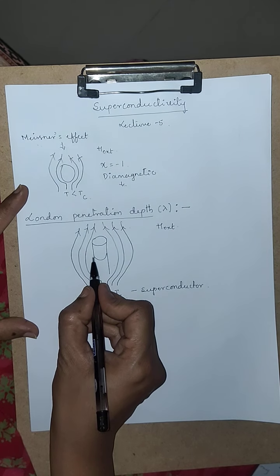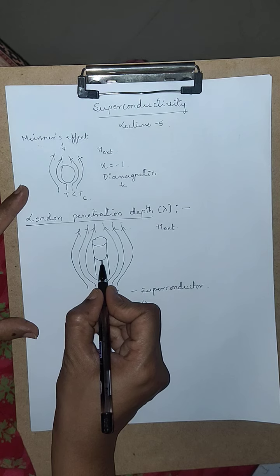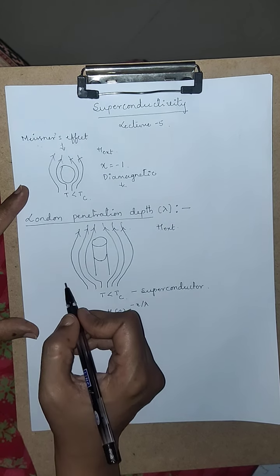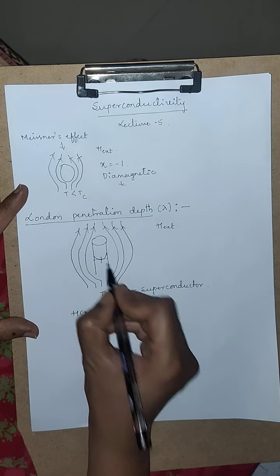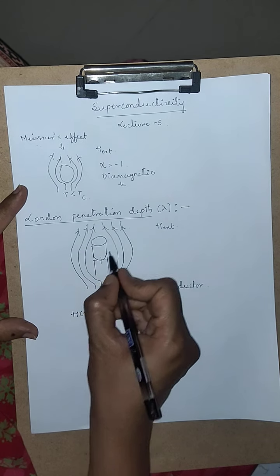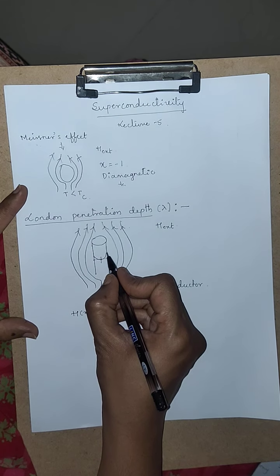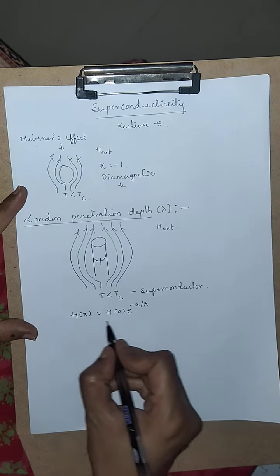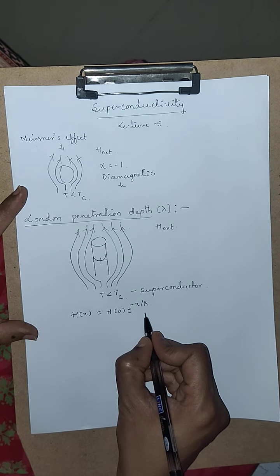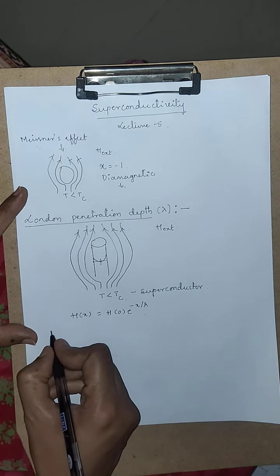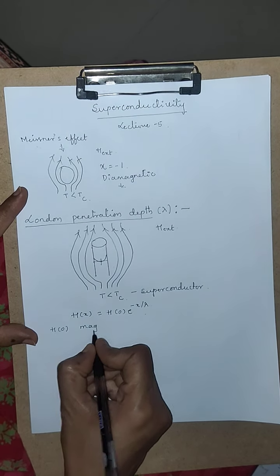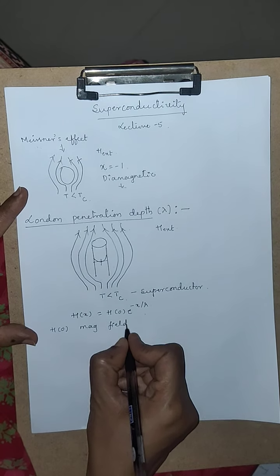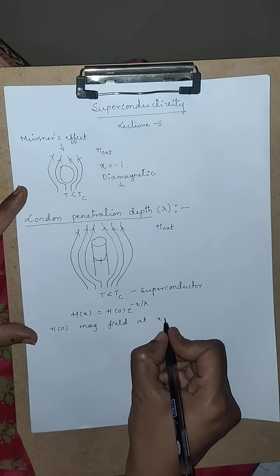That means the flux goes on reducing in an exponential manner, and it becomes 0 at the middle of the superconducting material. But at the ends of the material, the field reduces exponentially according to this equation, where H of 0 is the magnetic field at x equals 0.